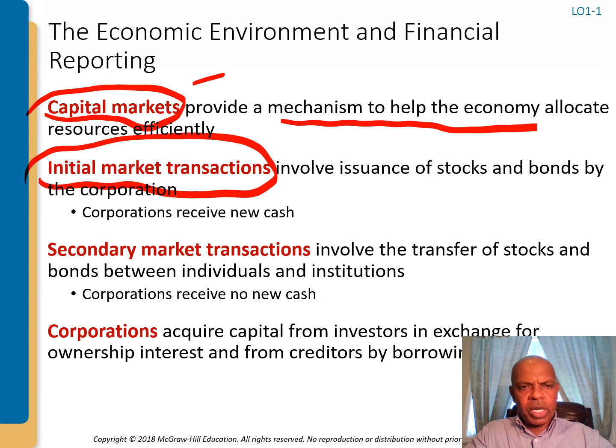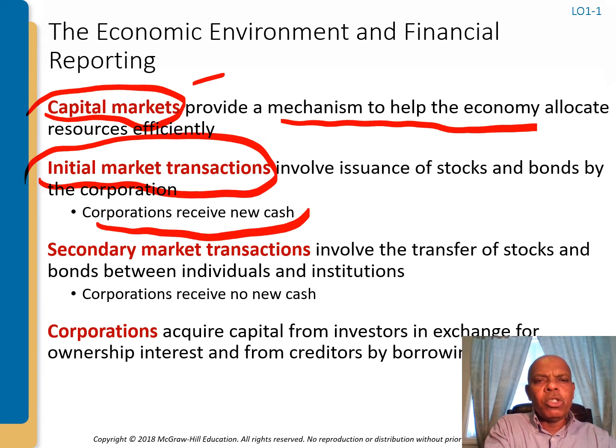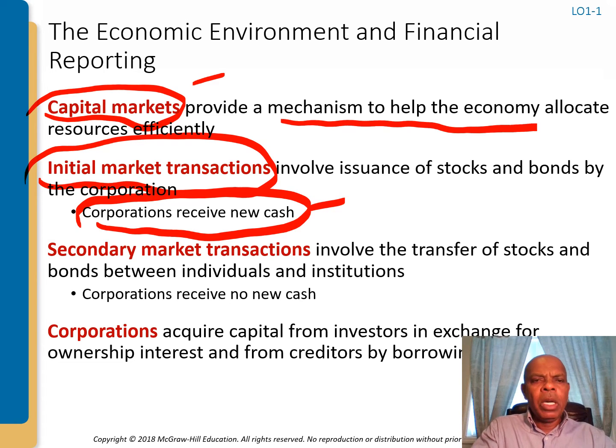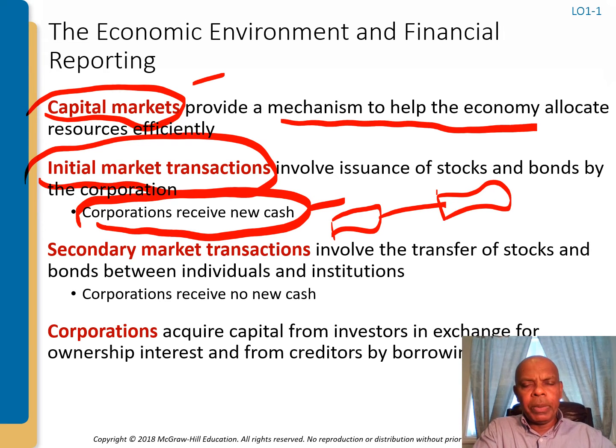Secondary market transactions involve transfer of stocks and bonds between individuals and institutions. Corporations receive no cash. You can see in the initial offering, the corporation is the one who issues bonds or stocks to receive cash, to raise capital. In the secondary market, the people who bought these stocks originally hold them for some time and sell them to other people.